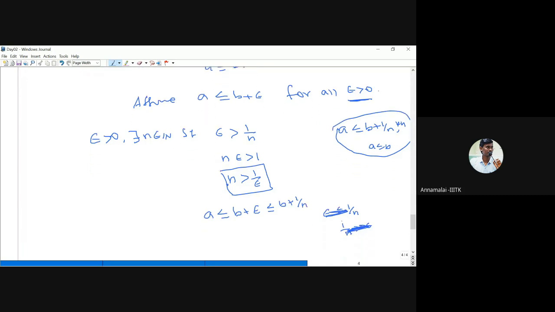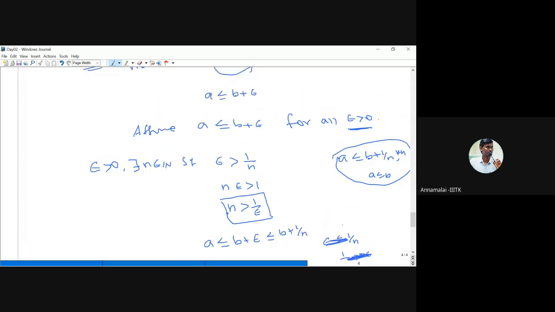So we have to assume that a is less than or equal to b plus epsilon for every positive epsilon, and we have to prove that a is less than or equal to b. Otherwise, we have to go some other way.